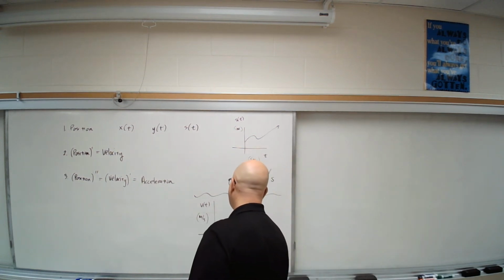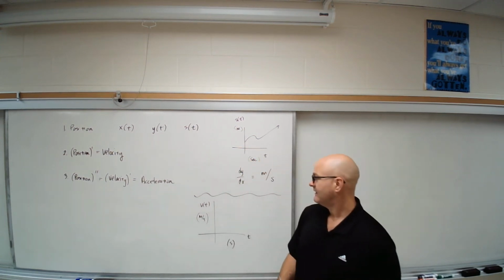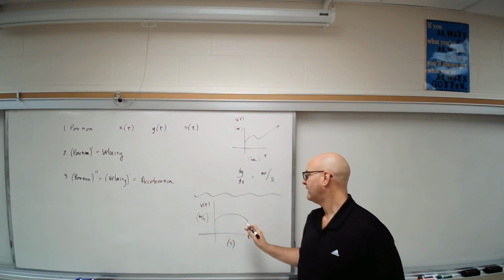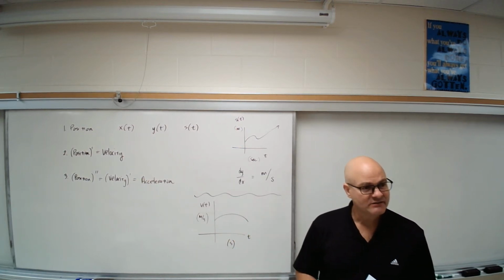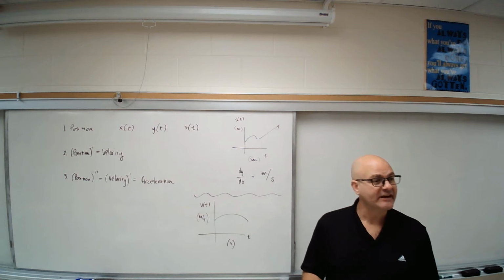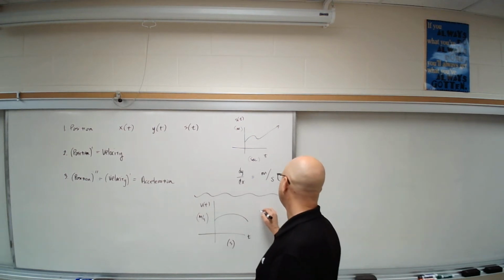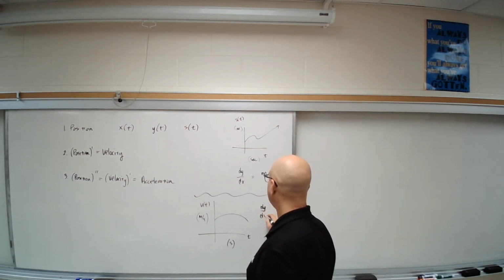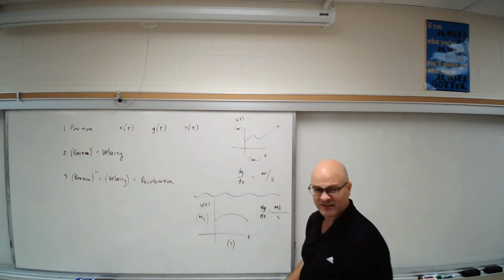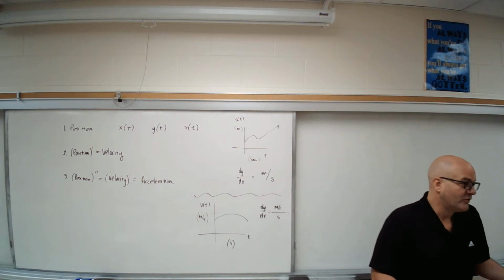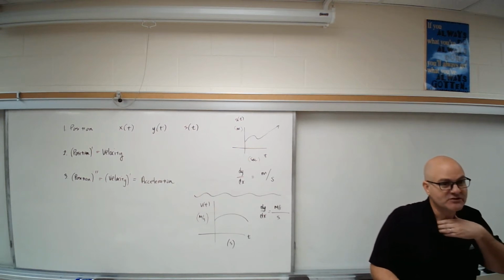Down here would be time, in seconds. If you found the average rate of change, or the instantaneous rate of change, the derivative, the change would be meters per second divided by seconds, which is our unit for acceleration, which is meters per second squared.